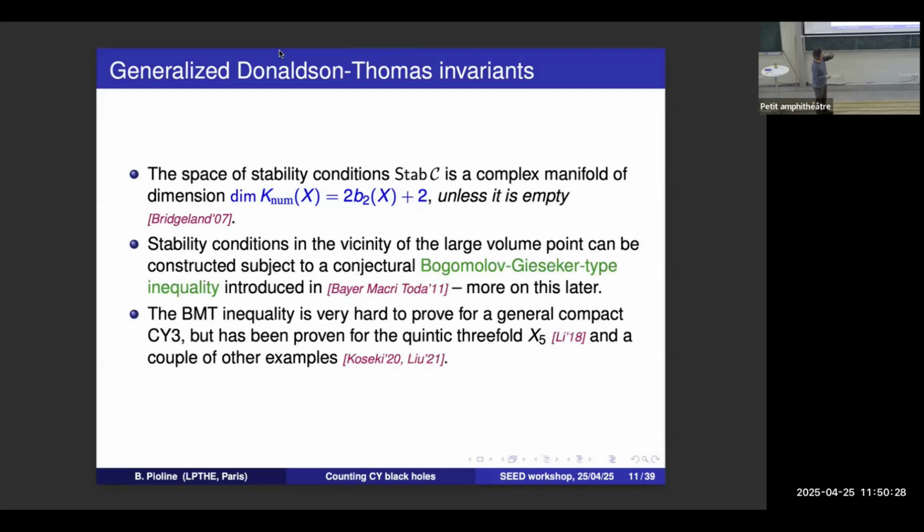Constructing them is a complicated open mathematical problem in general, but there's a general strategy to do it at least near the large volume point, which is due to Bayer, Macrì and Toda. Emanuele Macrì is here in the mathematics department at Orsay. It assumes some inequality, about which I hope to say a few words later, which is conjectural in general and has been proven in a couple of cases.